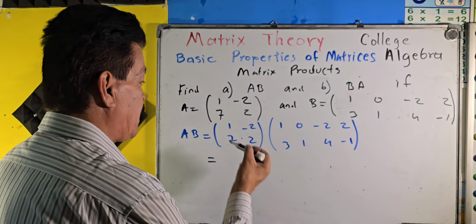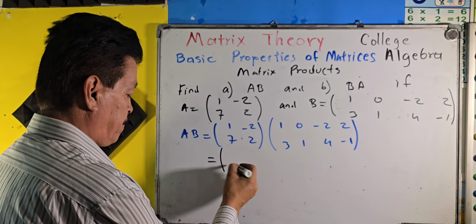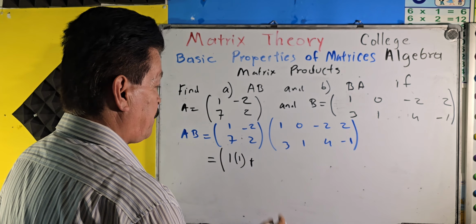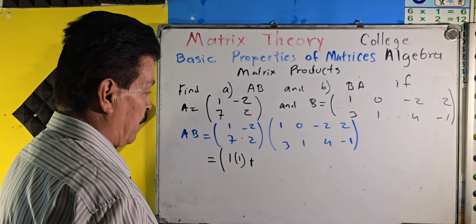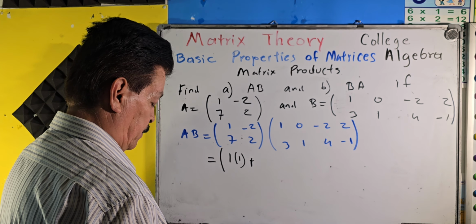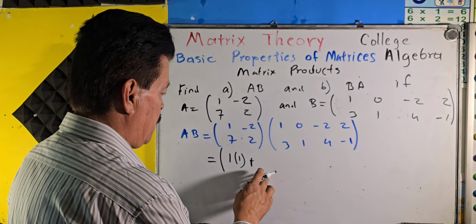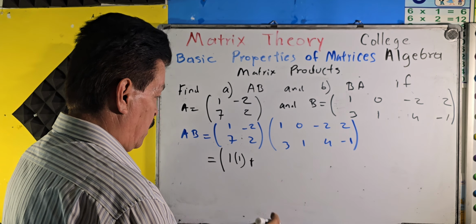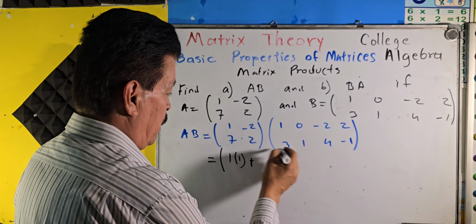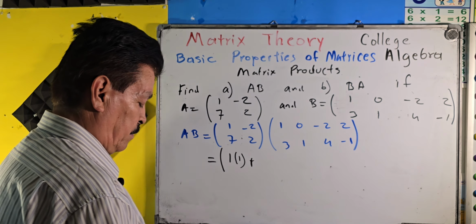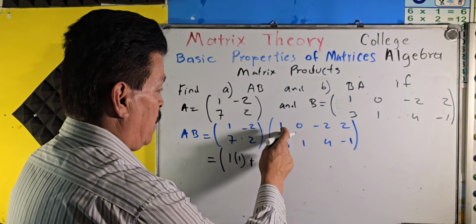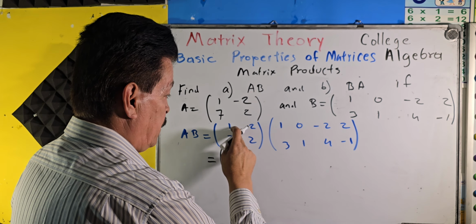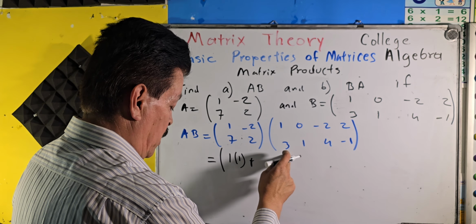All right, let's start with this one. So first is 1 times 1, then plus 1 times 3.